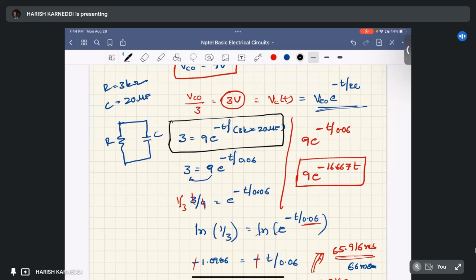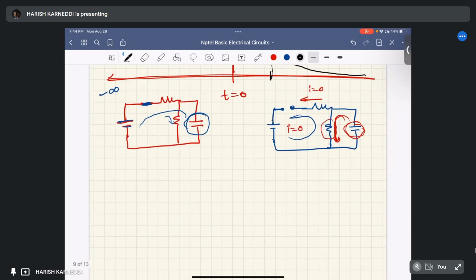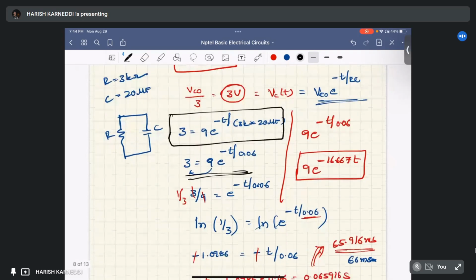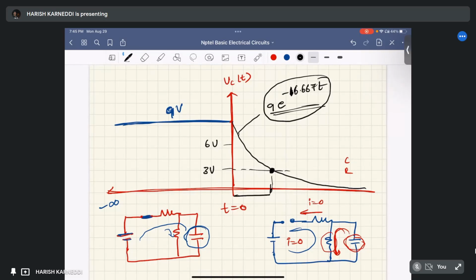By equating this, we calculated this time, which is 65.916, so 65.91 millisecond. This much time will be taken to discharge the capacitor from 9 volts to 3 volts.